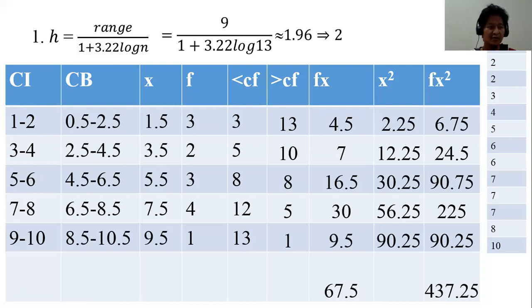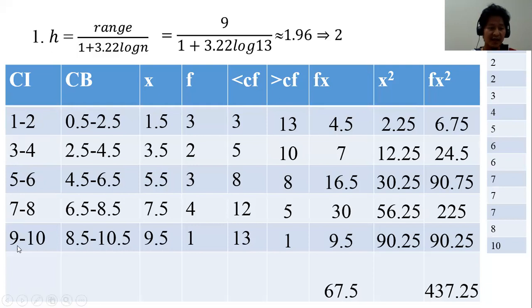Okay, so after that, para makuha yung next na value, i-add lang natin yung ating first number na 1 with your class width. So 1 plus, in this case, 2. So that would be 3. Saan natin ilalagay? Dito. Siya yung magiging sunod na lower limit. And then, plus ka lang ng plus yung ating class size.